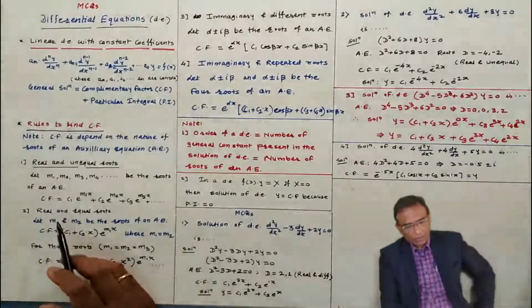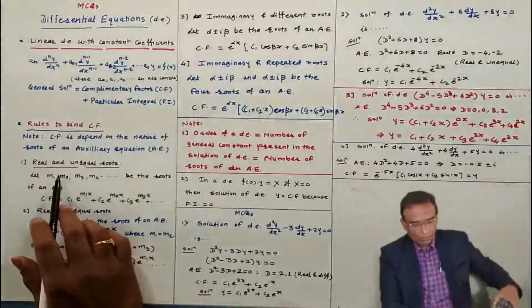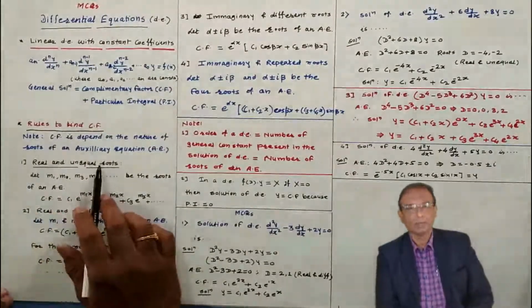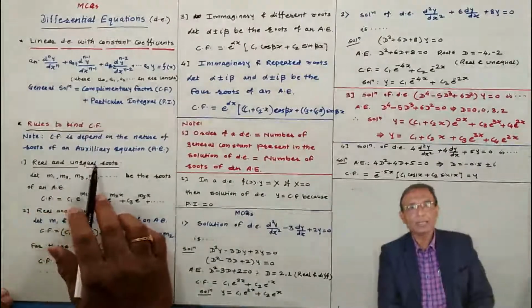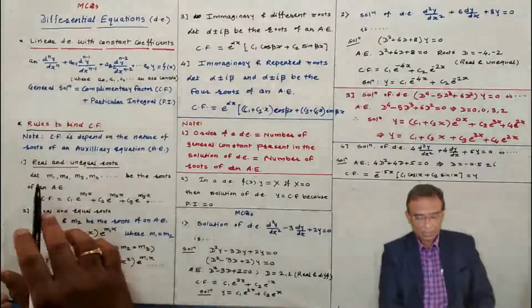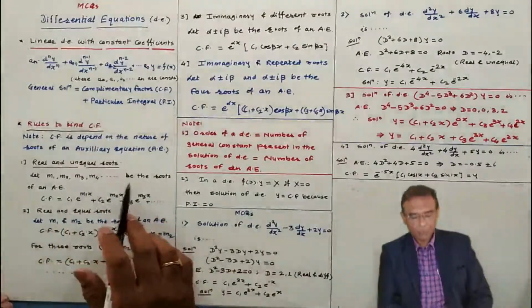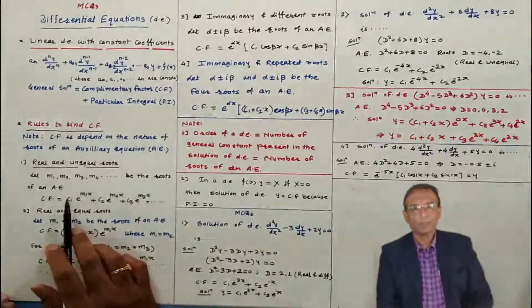See, the first case, when the roots are real and unequal, real and different. Let m1, m2, m3, m4 be the roots of the auxiliary equation.